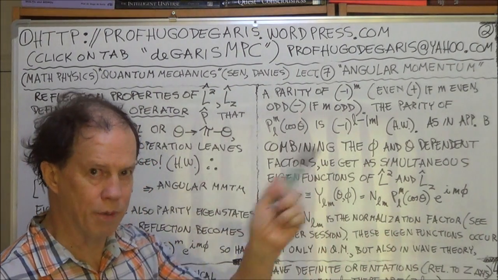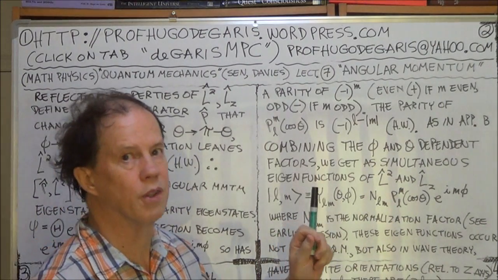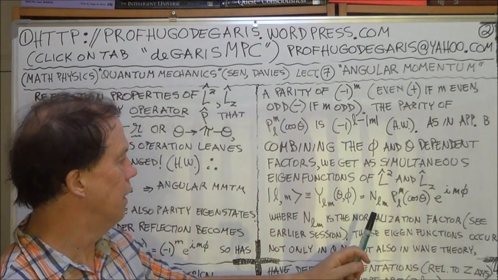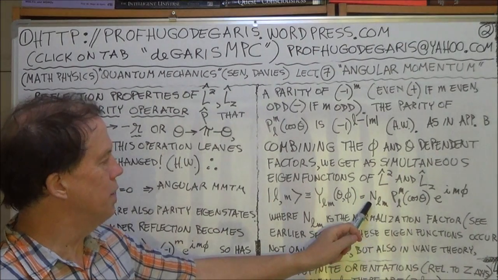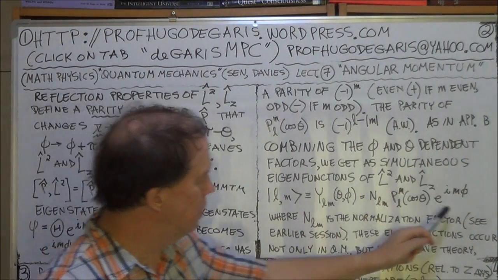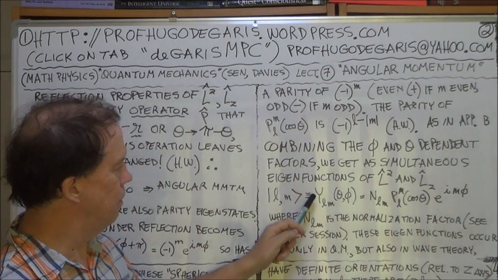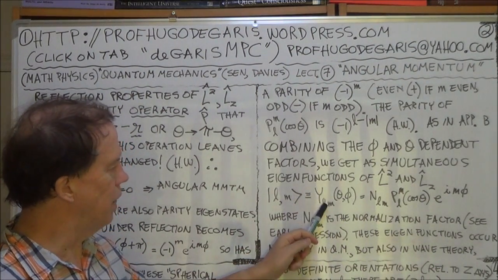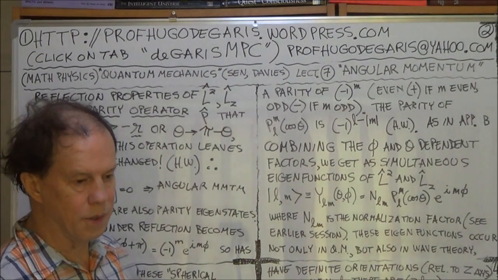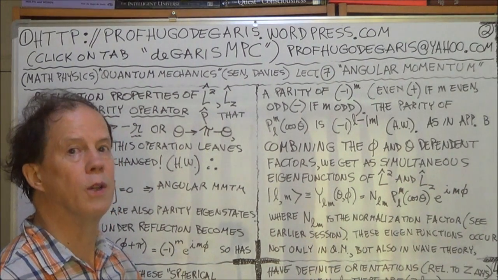The eigenfunctions of both those operators are the same because they commute. So this is just a normalization constant, such that this wave function, which you usually write as capital Y, is by definition a spherical harmonic.